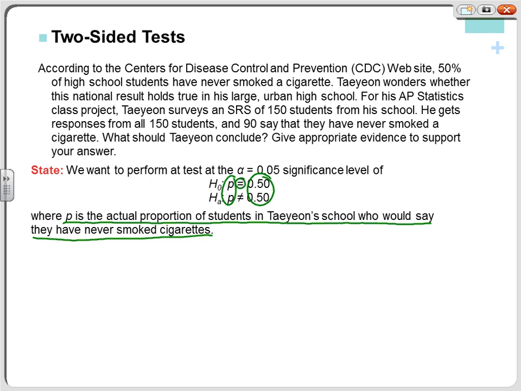So we always have the equals here, and then it says, wonder whether this result holds true. So results hold true doesn't mean it's greater than or less than, it just means it would not be equal to when you see results hold true. Okay, so that's what we're going to put in, and I know when it's not equal to, we're going to have a two-sided test going on now.